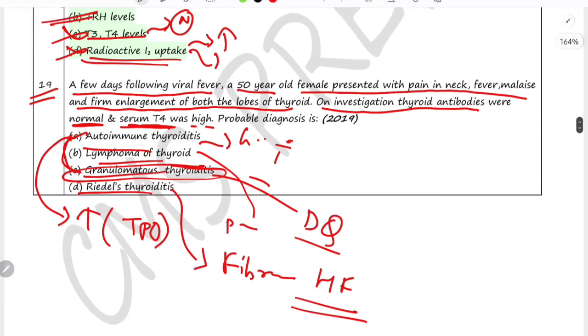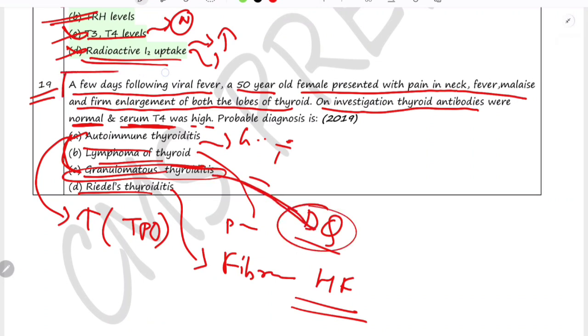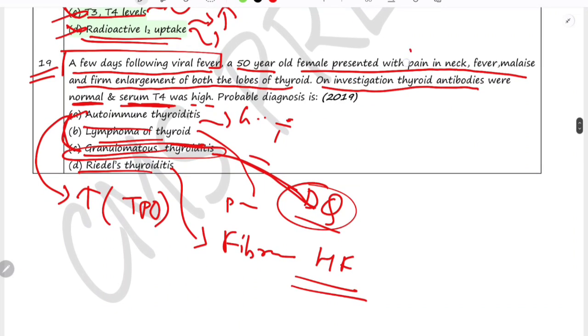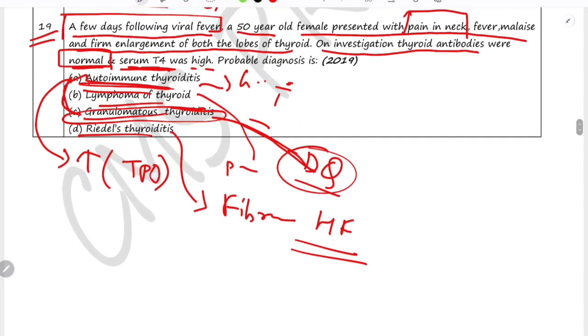So granulomatous thyroiditis, also known as de Quervain thyroiditis, usually occurs after a viral fever and presents with pain in the neck, fever, malaise and firm enlargement of both lobes of the thyroid along with normal antibodies. If there are thyroid antibodies, then it is a case of autoimmune thyroiditis.